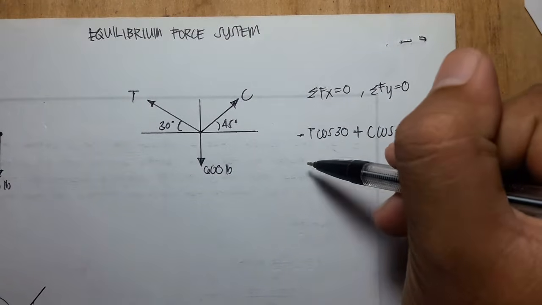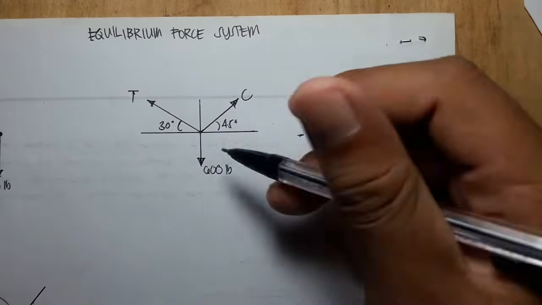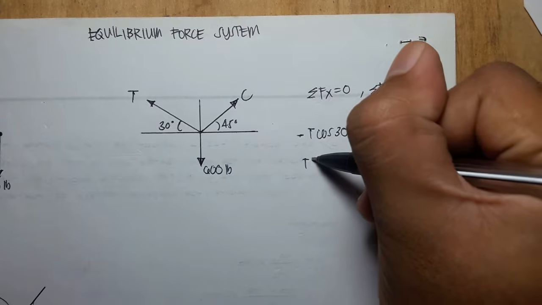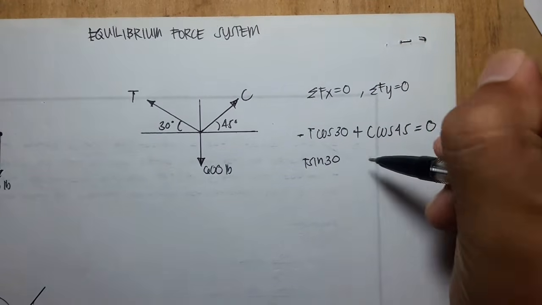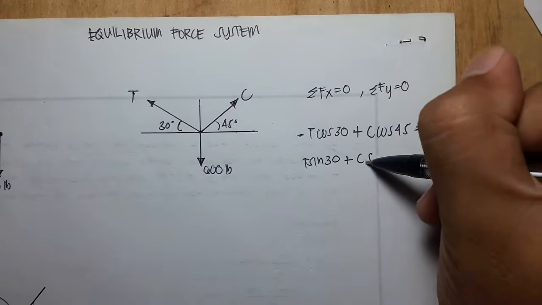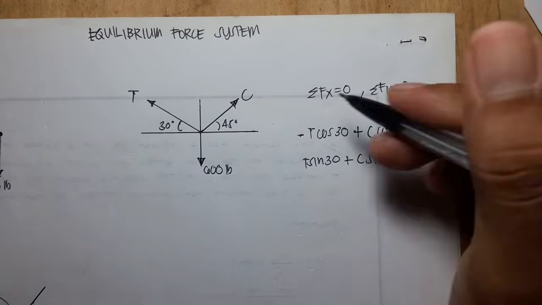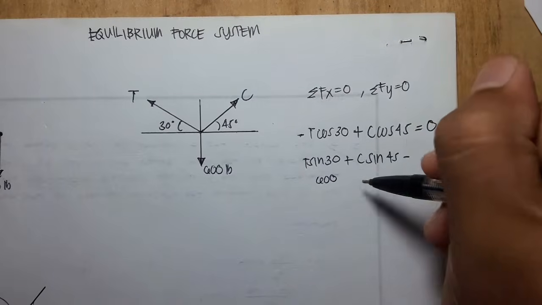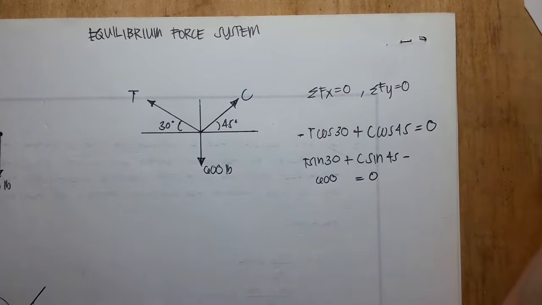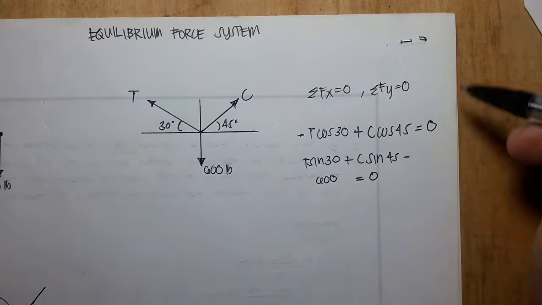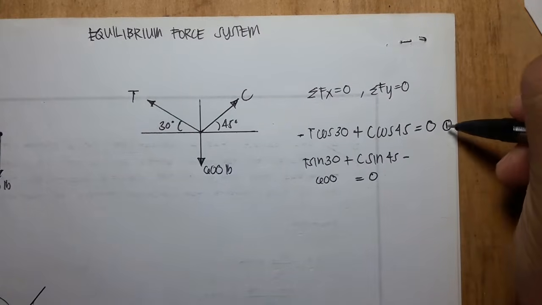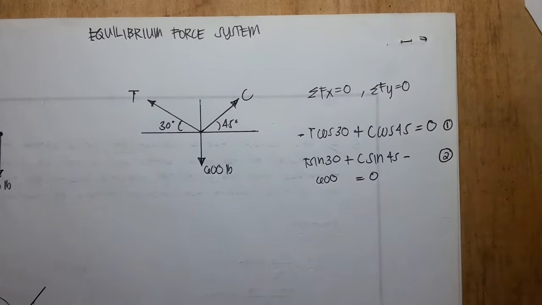The summation of forces Y, both are positive, so T sine of 30 plus C sine of 45 minus 600 equals 0. In this we got two equations.